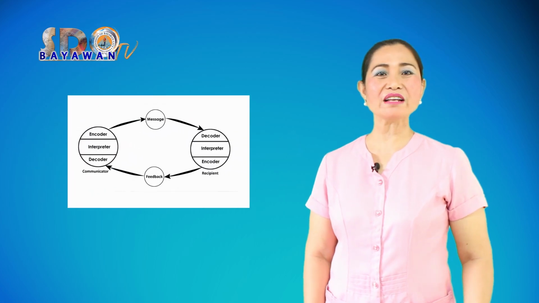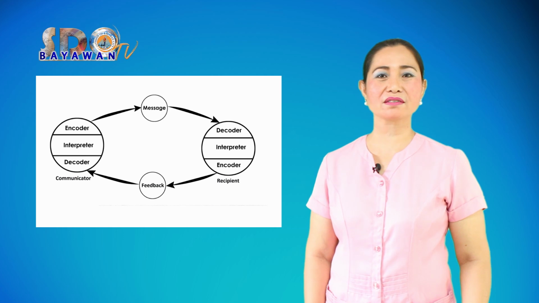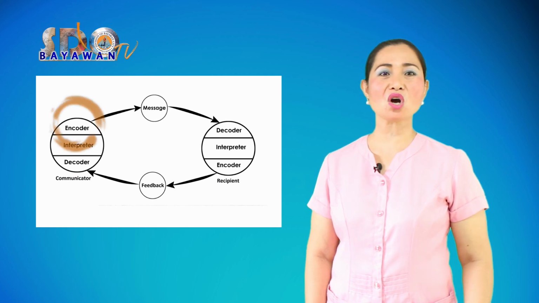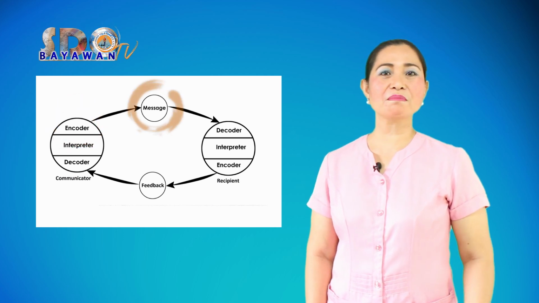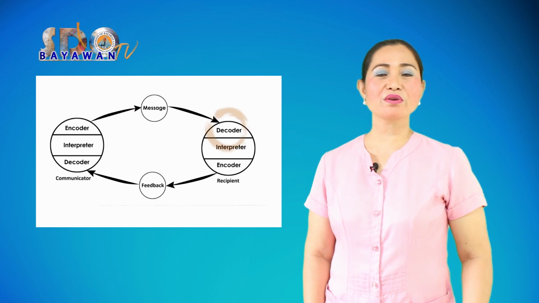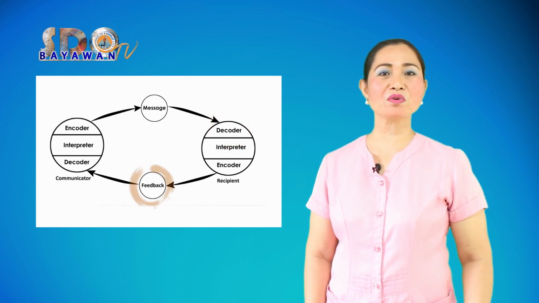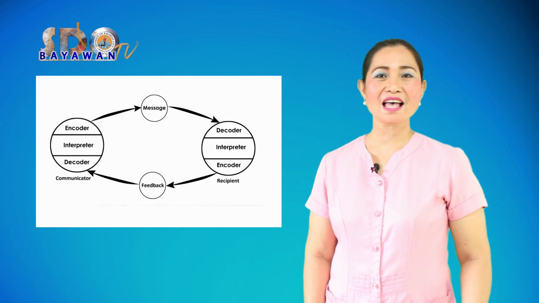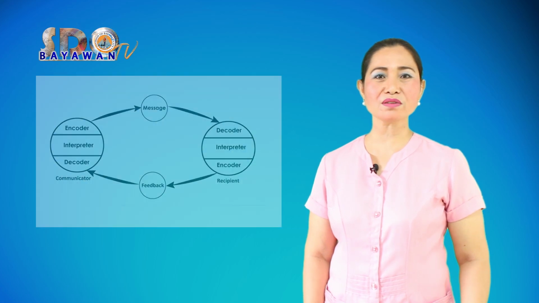The figure identifies the 6 elements of communication, which are the sender, the message sent, the receiver, and the feedback provided by the receiver and sent back as a response to the sender, and the processes of encoding and decoding.